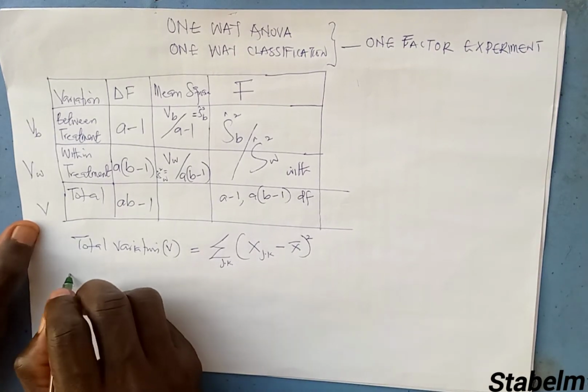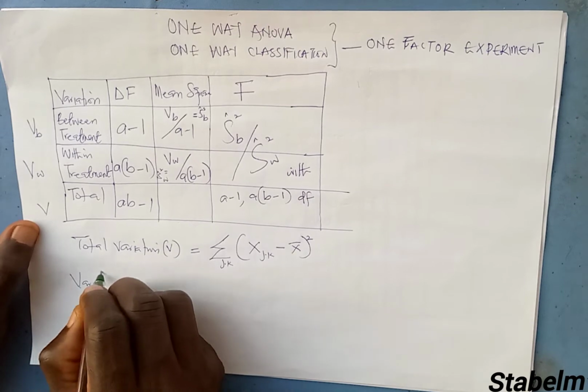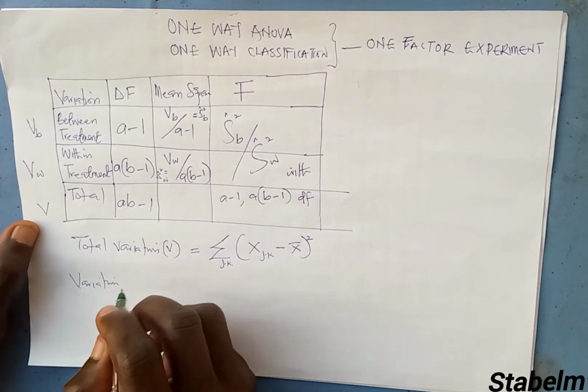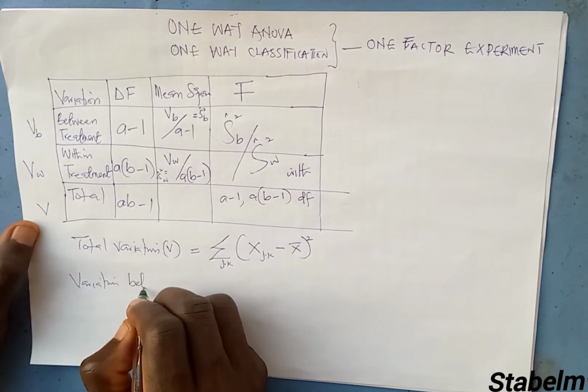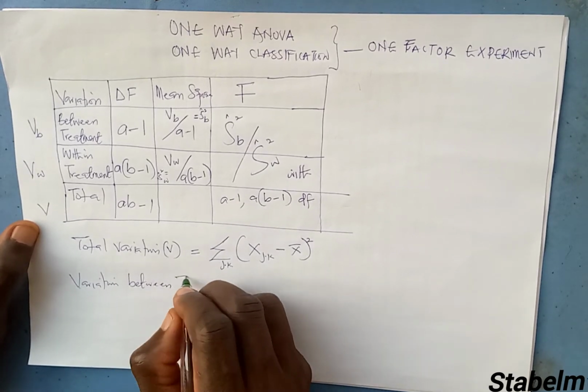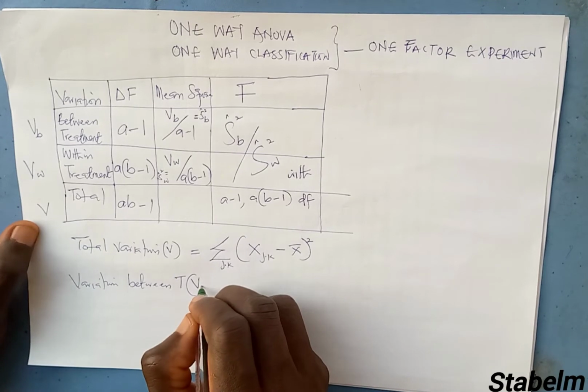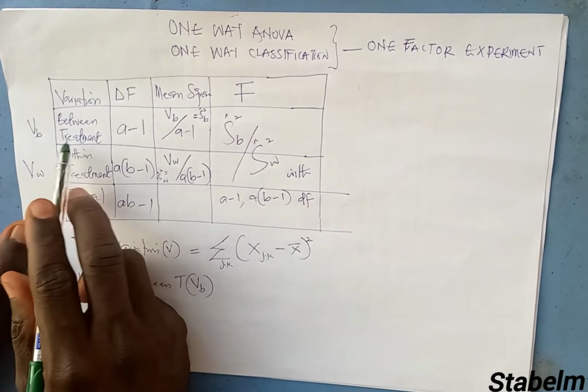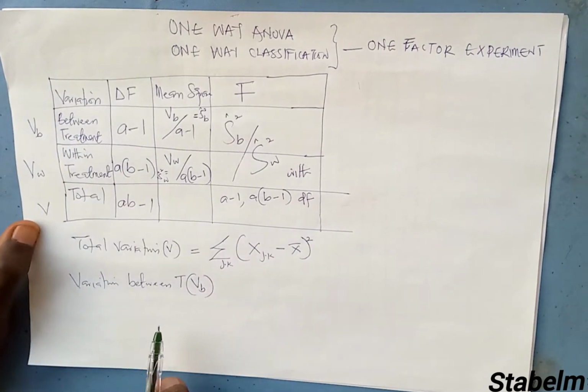Now, to get the variation between treatment, which stands as V subscript B, that is to get this value here, we're going to use this formula.